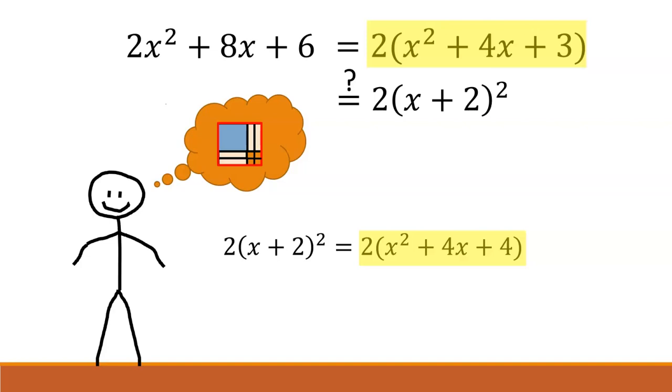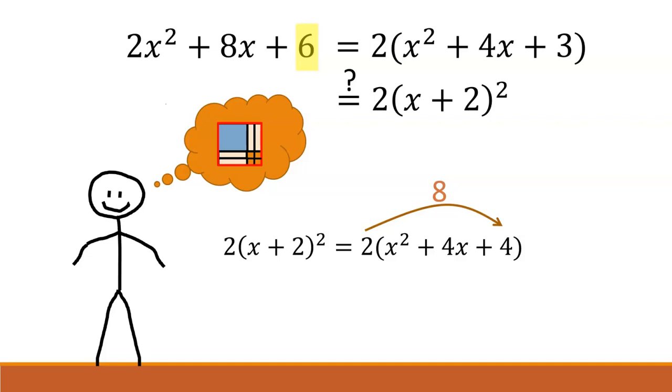Most of it looks the same. The difference is in the constant terms. Now this is the tricky part. What you have to remember is that that 2 is actually multiplying the constant term of 4 to give us a value of 8. And the original polynomial had a constant term of 6.